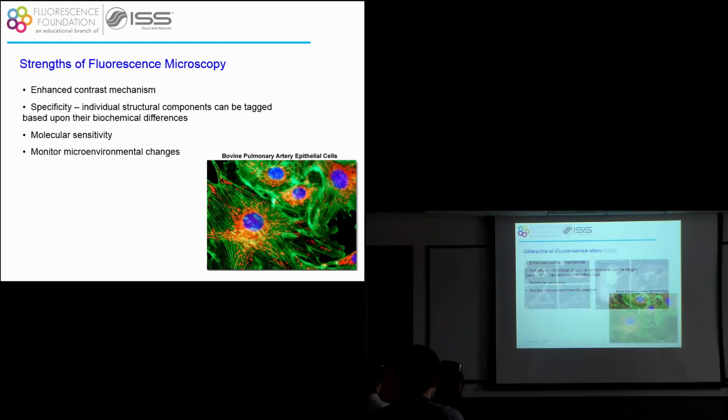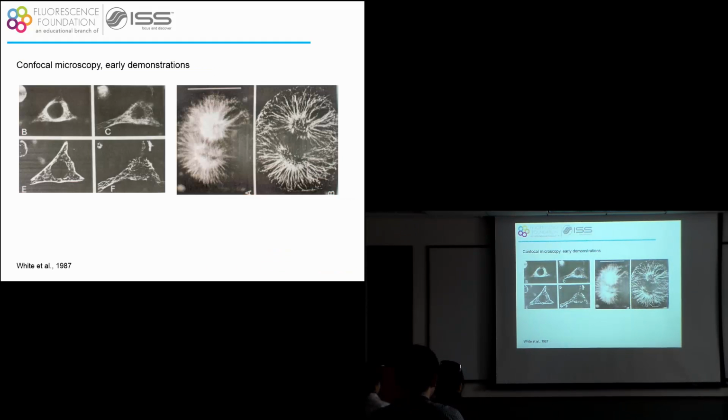Now, let's move over to the confocal microscope. The confocal microscope was built the first time around 1985, 86 in some laboratory. The first commercial one was actually 88, 89. And these are some examples of images that are collected with the fluorescence microscope and with the confocal microscope.